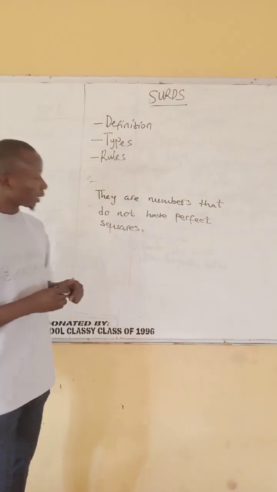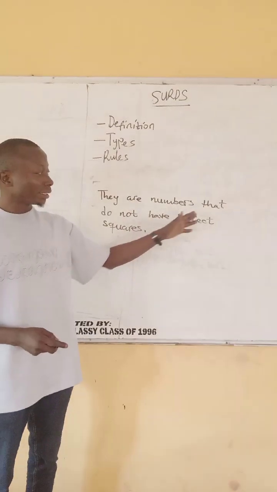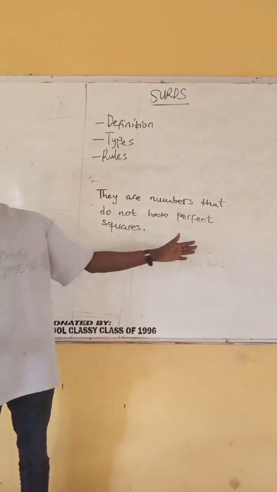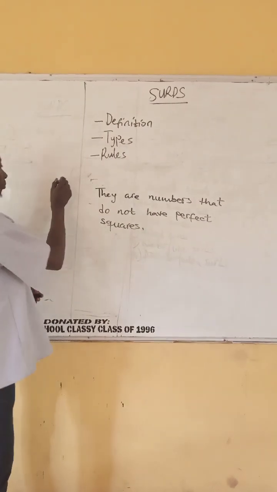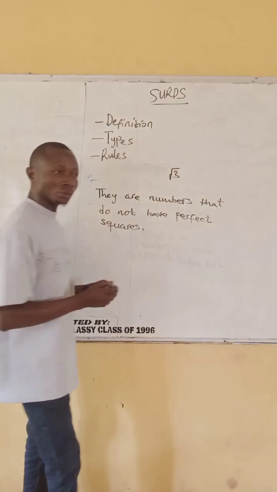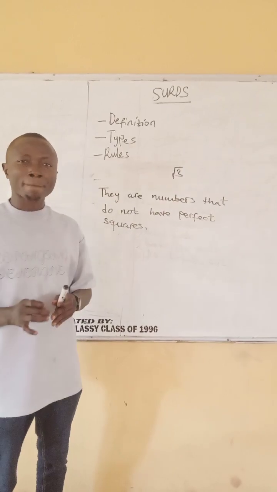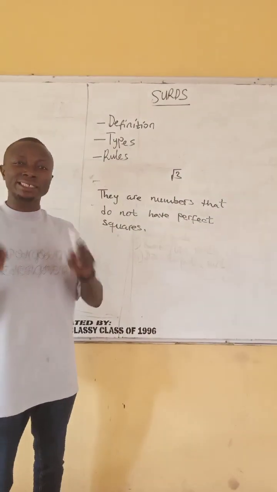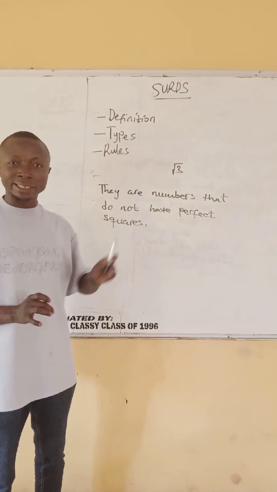You can see that surds are numbers that do not have perfect squares. For example, let's see an example with 3. Root 3 is a surd because there is no number that can multiply itself to produce 3. That makes it a surd.